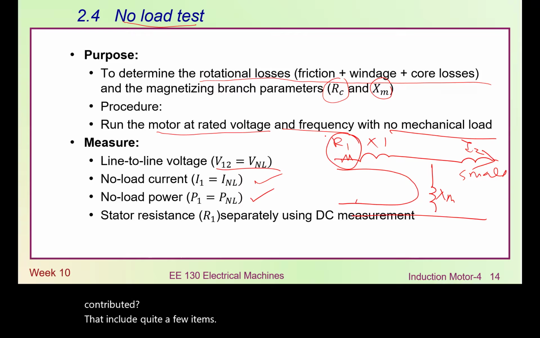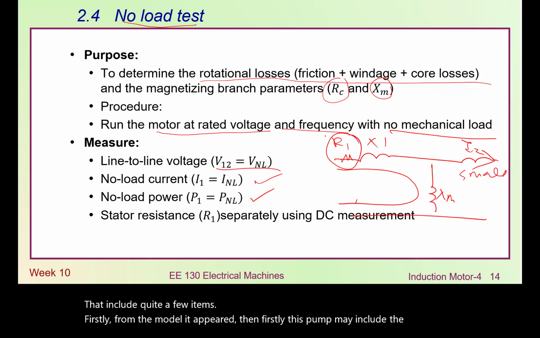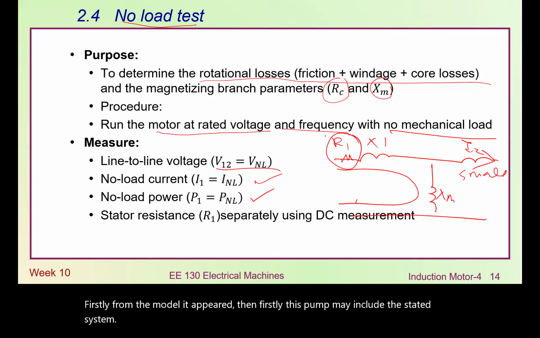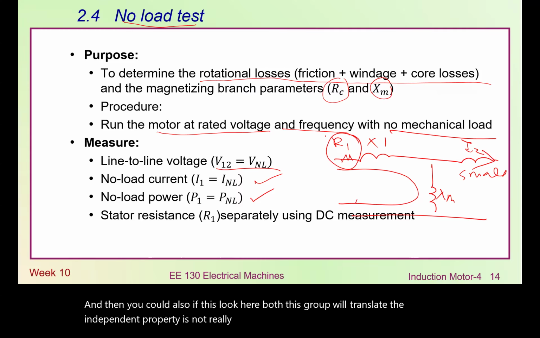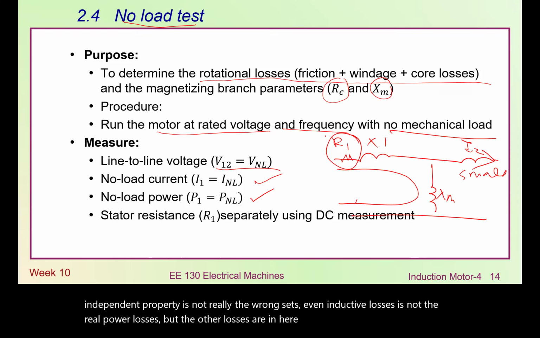Firstly, from the model we have here, this power may include the stator resistance. And also this loop here, what this loop will pass through, the inductance is probably not really the losses, since inductive losses are not the real power losses. But the other losses in here could be the friction, windage loss, and the core loss.